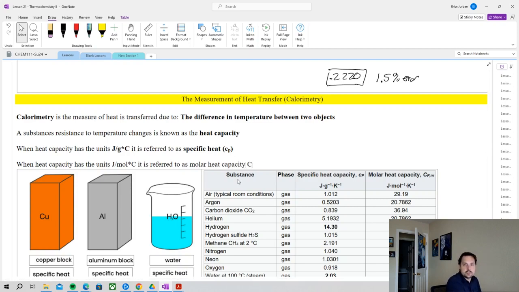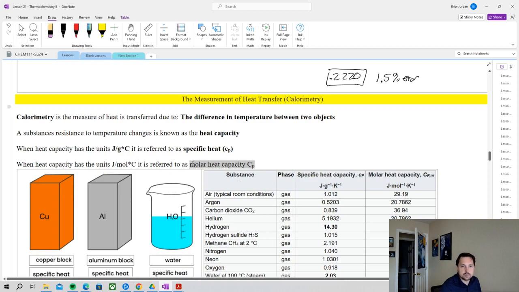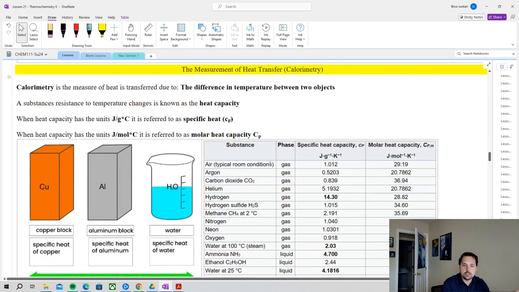That's given a capital C, and when measured at constant pressure, it's given the value Cp. Now you can also measure heat transfer at constant volume. I'm not going to be really talking about that too much.